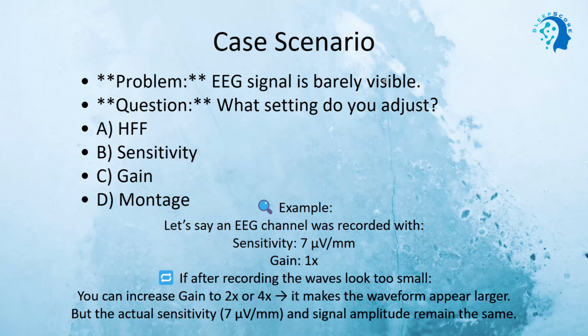The EEG signal is barely visible, very small. So what settings do you adjust? It says barely visible, which means you are not able to see the signal.